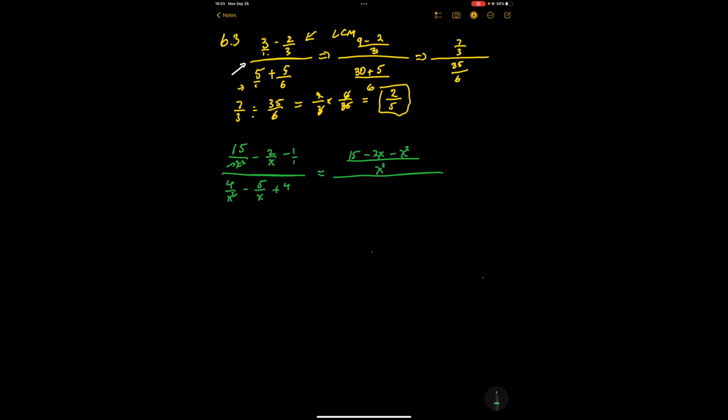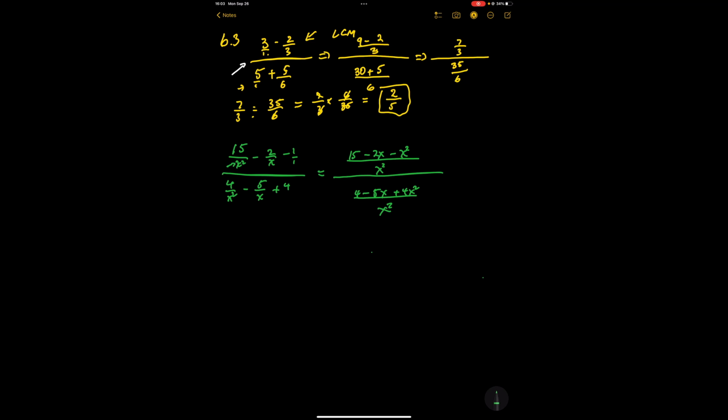On the bottom, we also have x squared because that's the greatest we can have. x squared over x squared is 1, 1 times 4 is 4, minus x squared over x is x, times 5 is 5x, plus 4x squared.